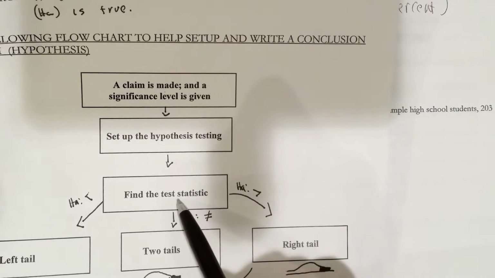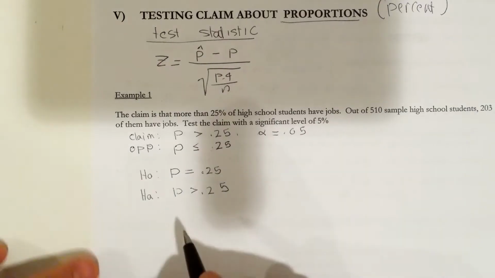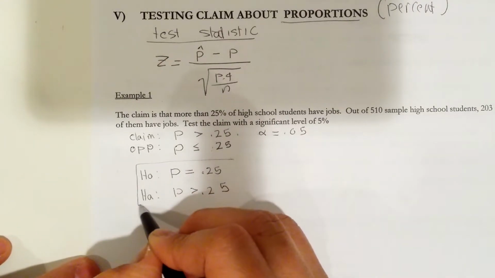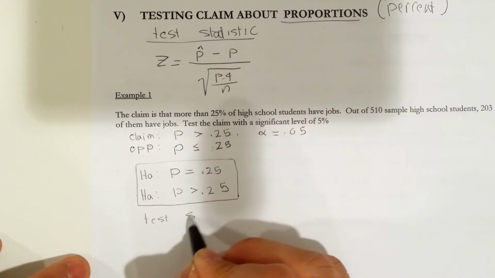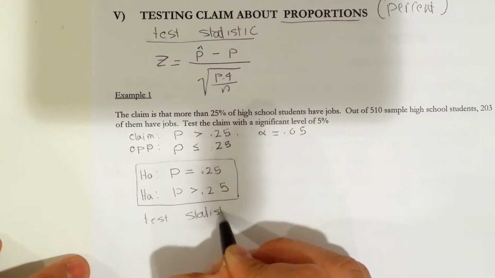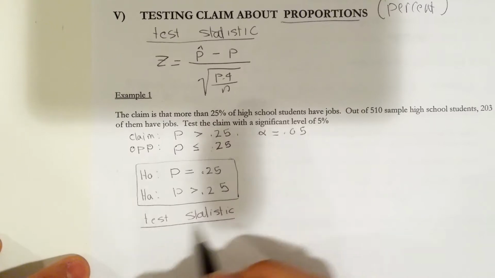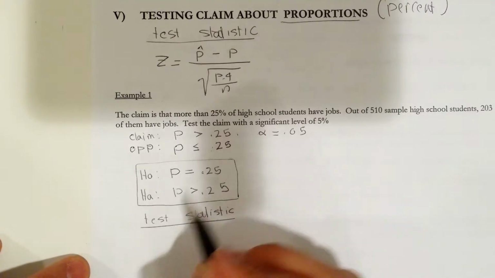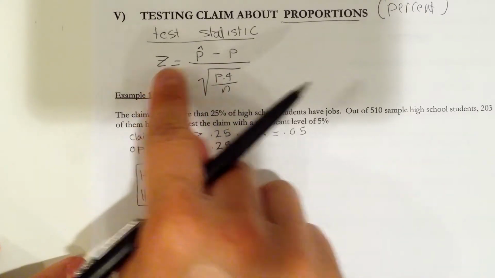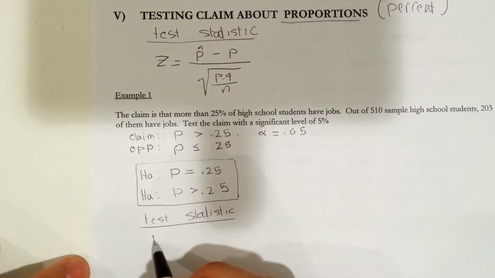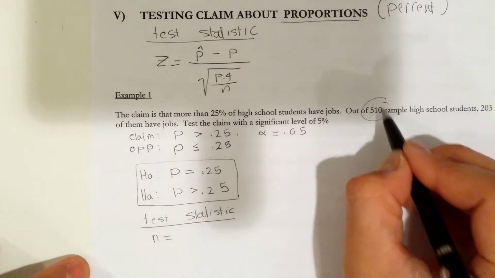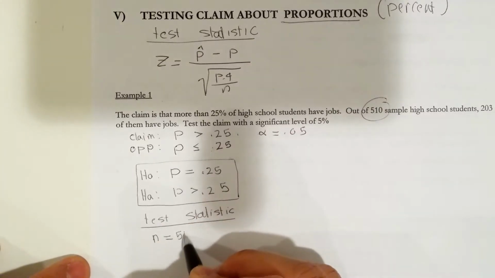Now we find the test statistic. Put this in a box: my test statistic, my z value. But I need to know p hat before I can find that. In order to find p hat, we need to know the sample size, which is 510.